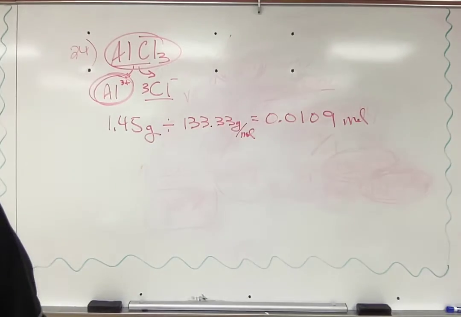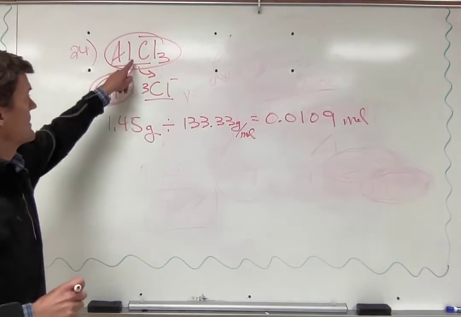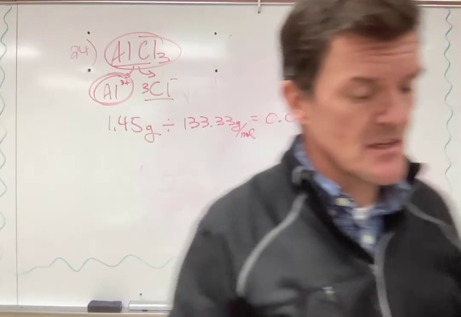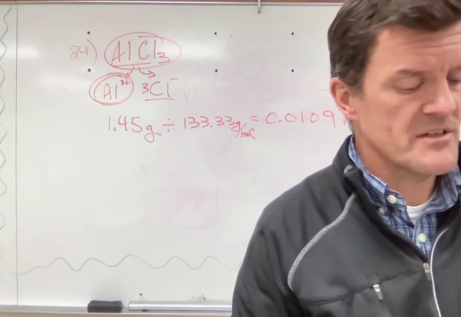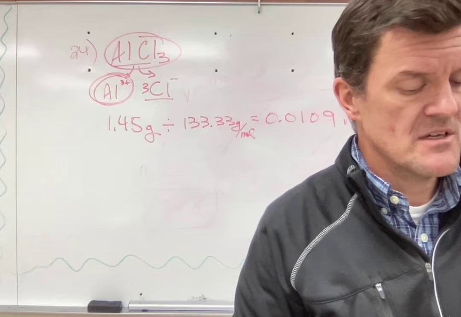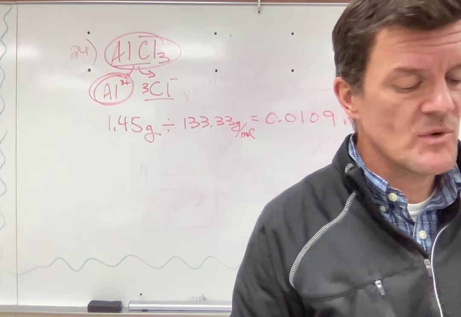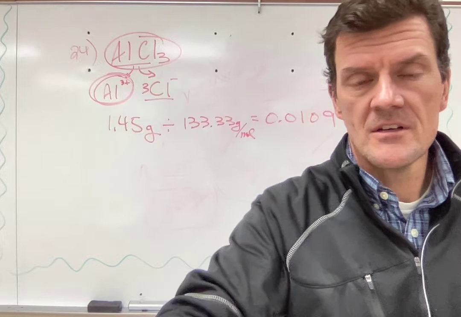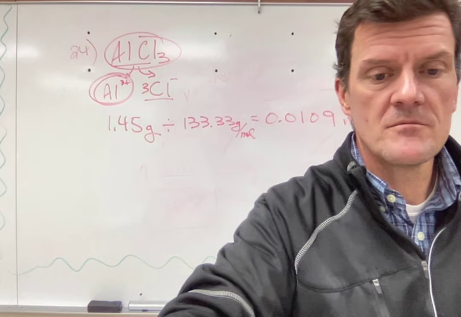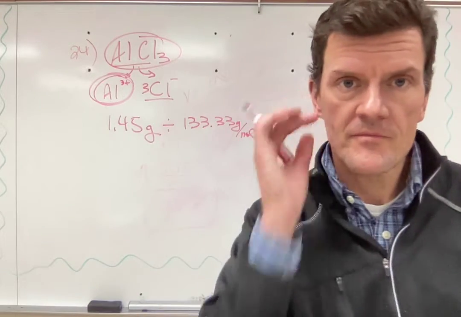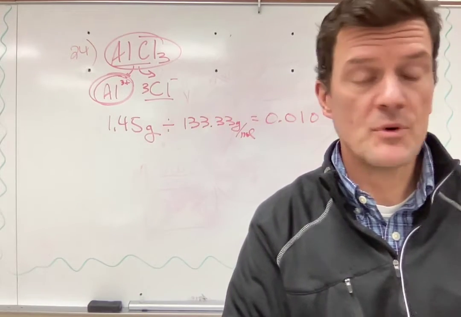So this is how many we have, and now it says that this is in 100 milliliters. Well, 100 milliliters, but then it says it wants to know per liter. So it wants to know per liter here.